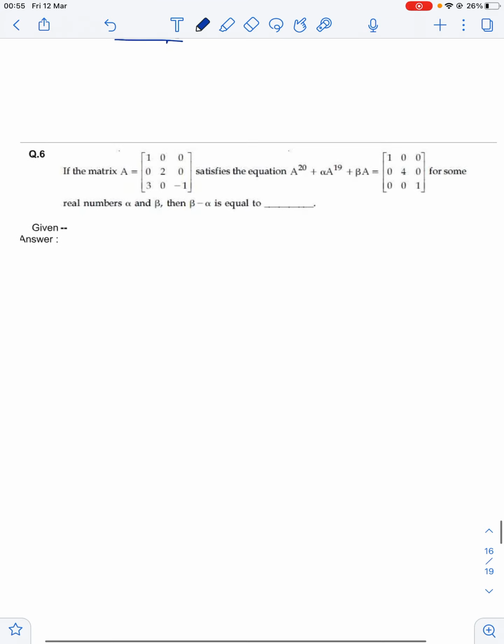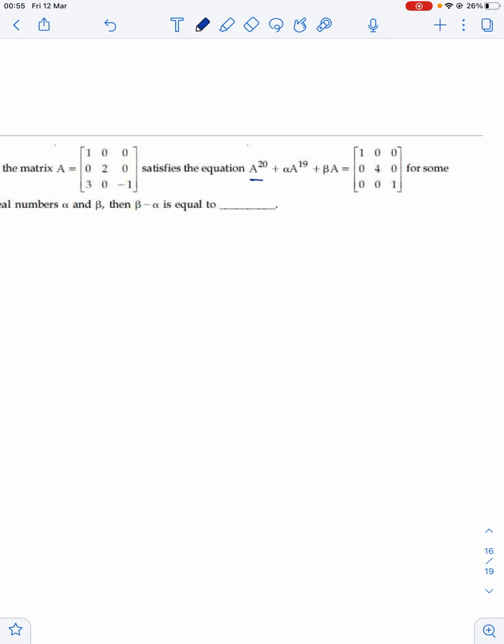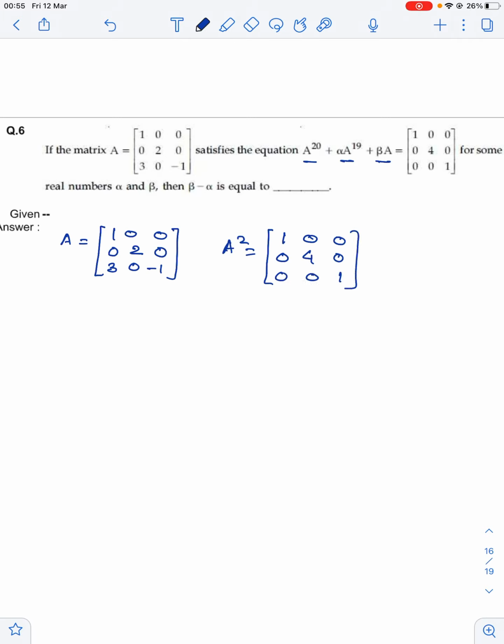Now question number 6, based on the product of matrices, and whenever I have a very large power of matrices, there is a fair chance that the matrices are in a periodic form, repeated in a particular manner. So let us calculate it. A is [1 0 0; 0 2 0; 3 0 -1]. Now if I calculate A square, it is [1 0 0; 0 4 0; 0 0 1].